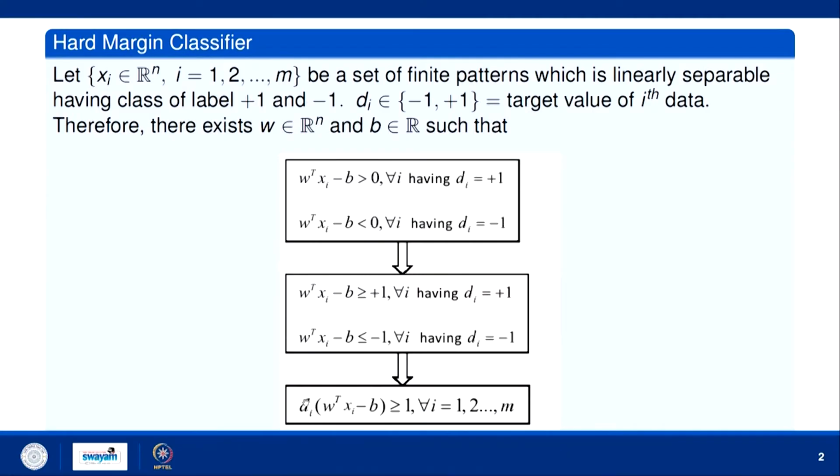If di is plus 1, this reduces to the first constraint. These di are the targets, basically the labels. If di is minus 1, then you multiply both sides of the inequality by minus 1, and this converts to W transpose xi minus B less than or equal to minus 1. So the constraints can be converted into a single constraint of this form, where di belongs to plus 1 or minus 1.